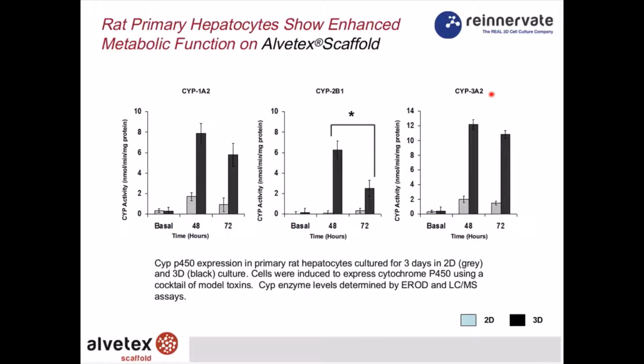You can clearly see, looking at the levels of either the 3D in black or the 2D in grey cultures, that there's a significant increase in the functionality and induction of expression of these enzymes in 3D culture compared to 2D culture.